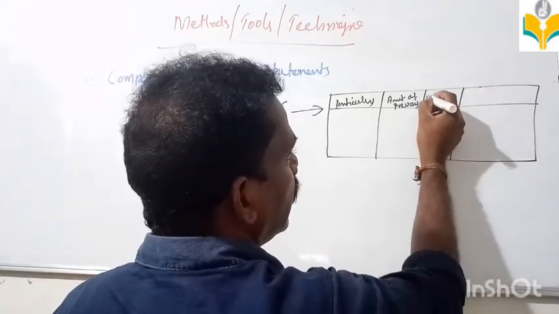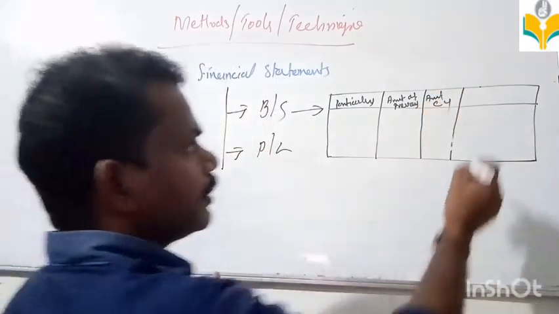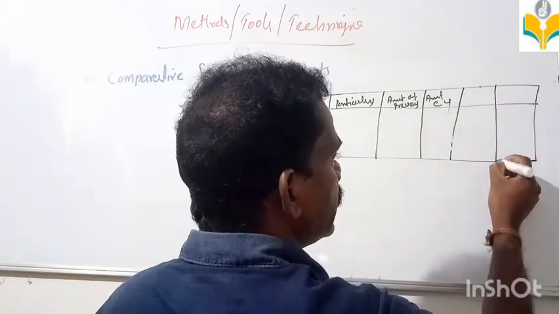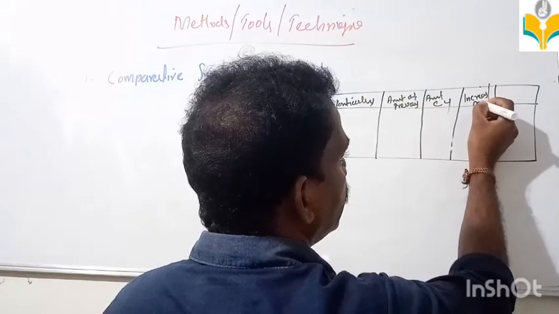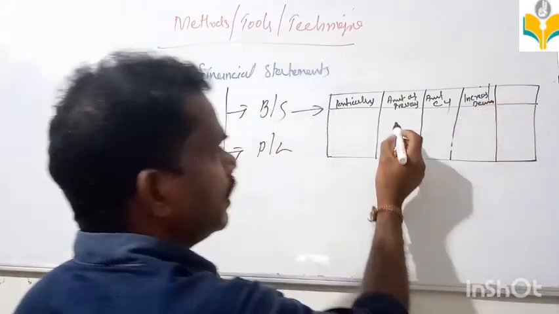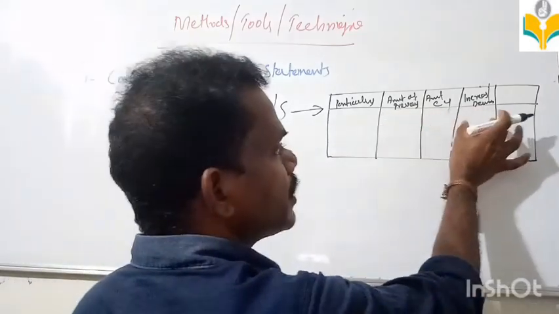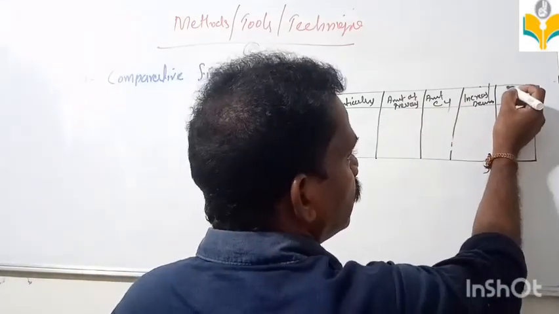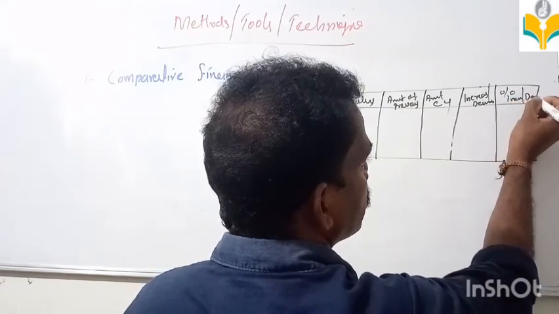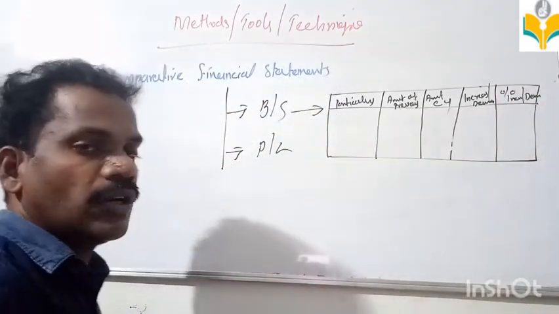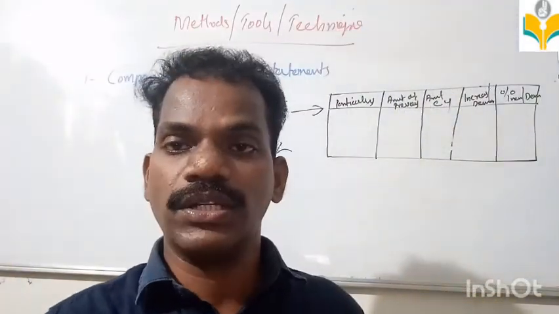Third column, amount of current year. Fourth column, increase or decrease in the amount, that means comparing the current year and previous year value, either increase or decrease. Then fifth column, percentage of increase or decrease. This is the format of comparative financial statement.